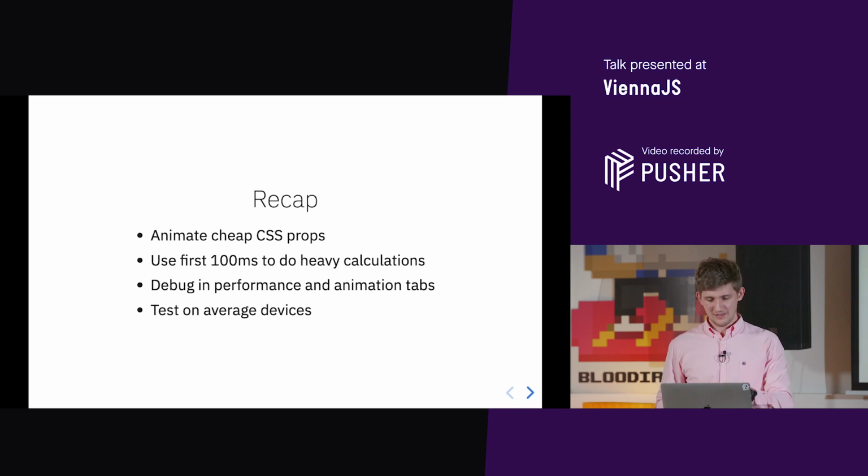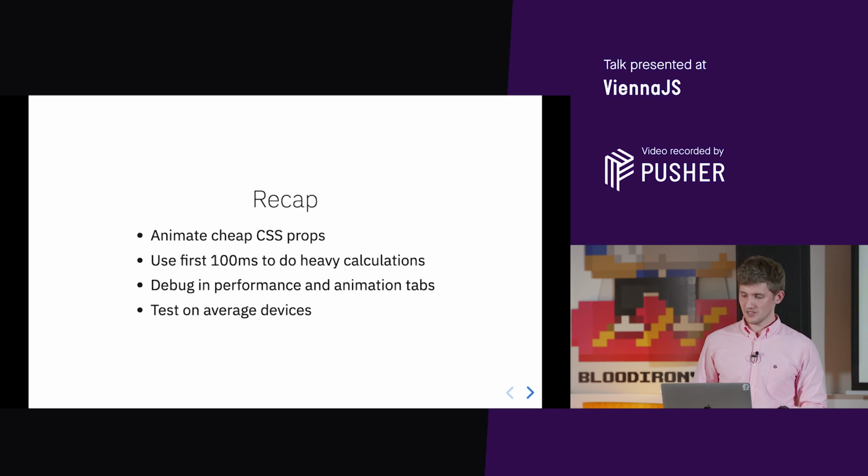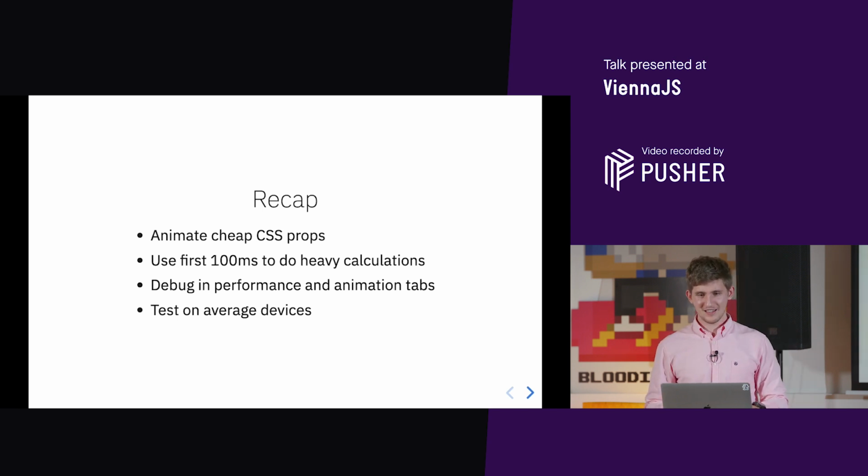But yeah, debug in the Performance and Animation tabs, test on average devices. If something runs quickly on your i7, latest high-end PC, that doesn't mean anything. You need to test it on an average device and mobile device. Some average Android device will be nice.